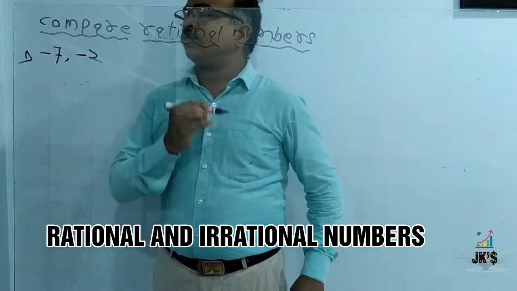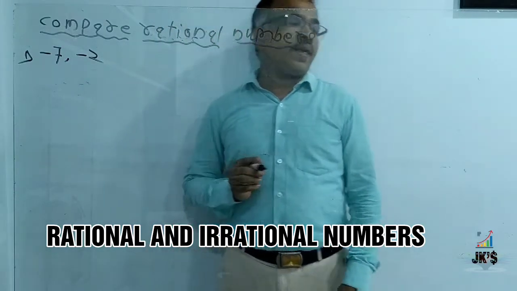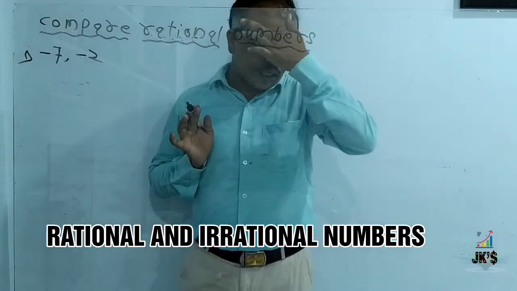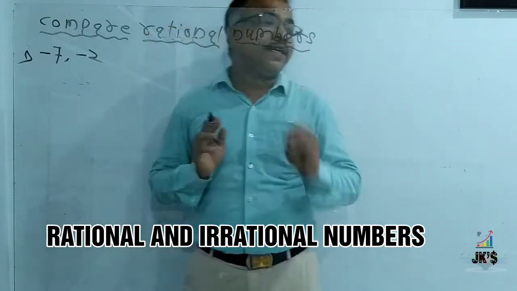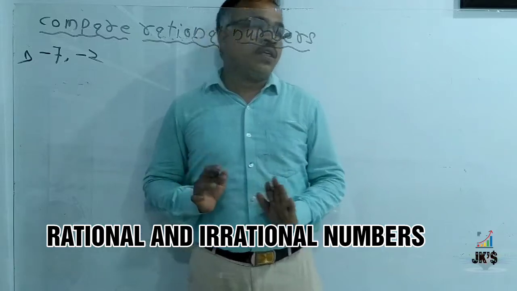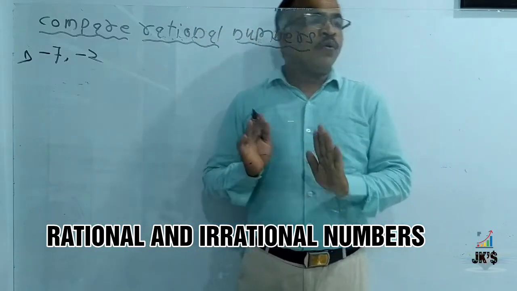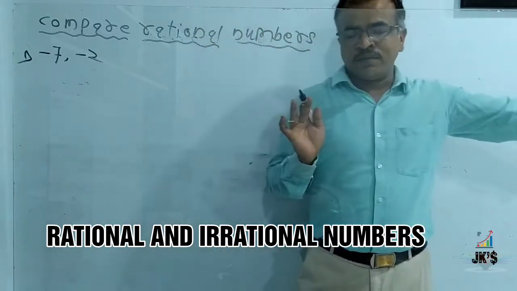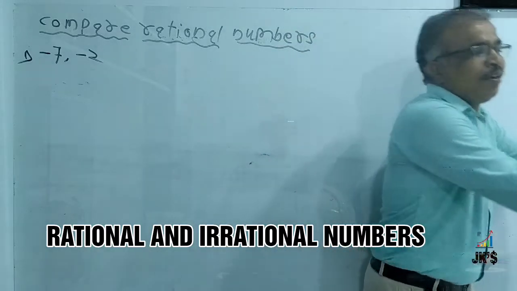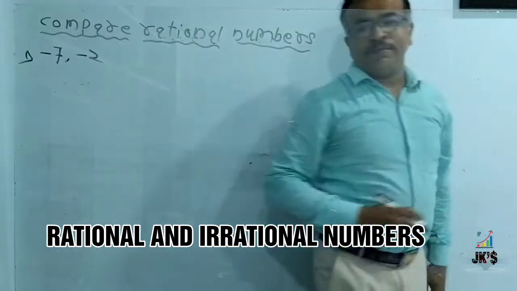We know, friends, that if a negative number looks greater, then its actual value is smaller. In other words, when we go from right to left on the number line, the values of the numbers go on decreasing.